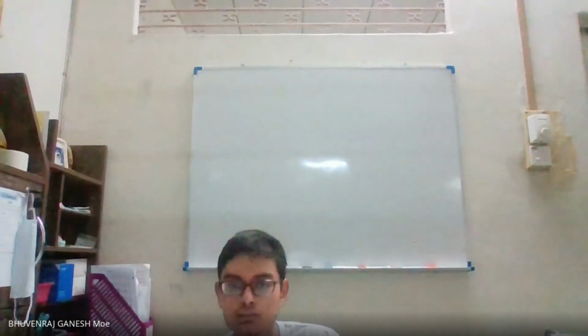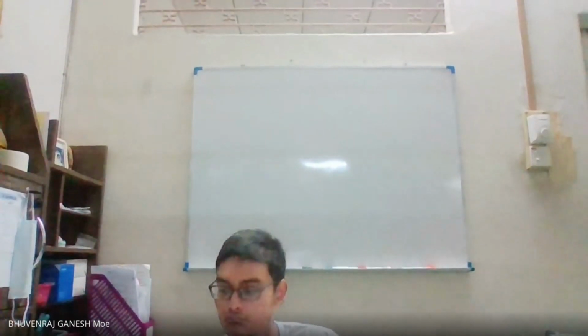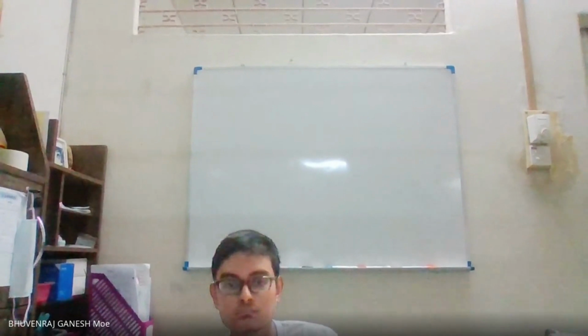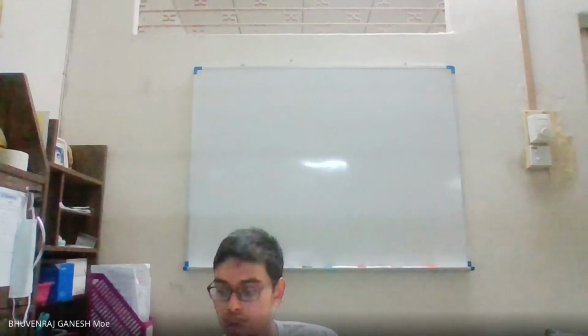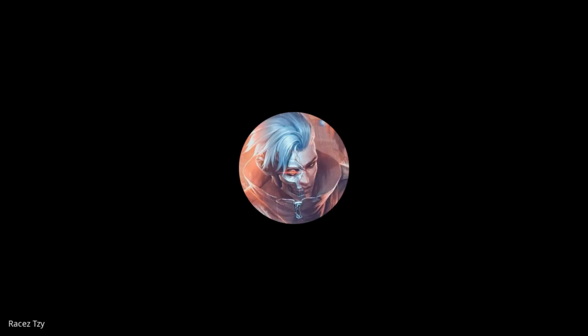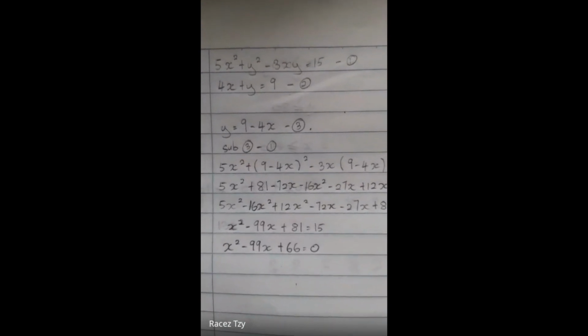You already got the 33x squared. Now beside the x squared is what? Nothing.